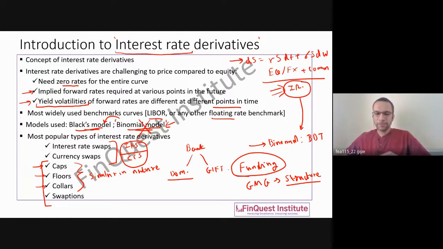But there is a GIFT City book which is separate. Now this is a part of the GIFT City which has been built in Gujarat. And the idea is to have more integration with the global markets. The main differential between GIFT and domestic is that in the GIFT City book, your local currency is US dollars. It's not INR anymore.